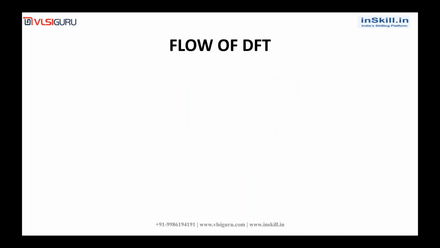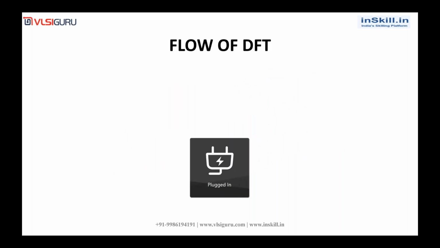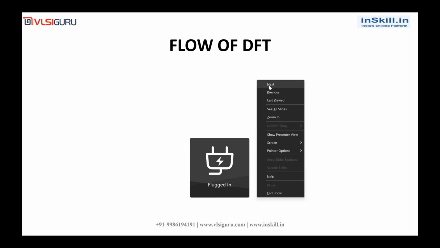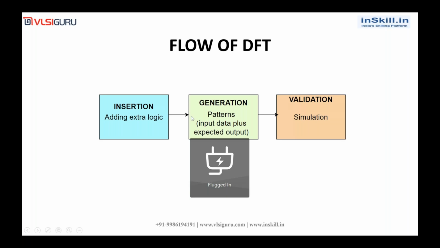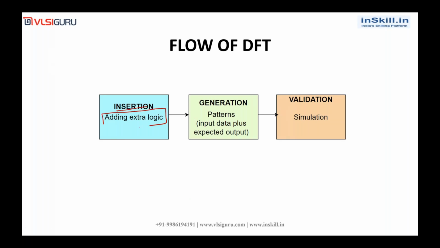Next we will try to understand the flow of DFT. In the flow of DFT, first we will have insertion. Insertion means adding of extra logic, like scan insertion, EDT insertion, BIST insertion, boundary scan insertion.